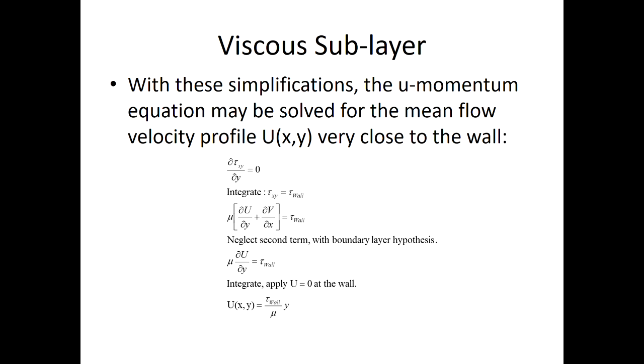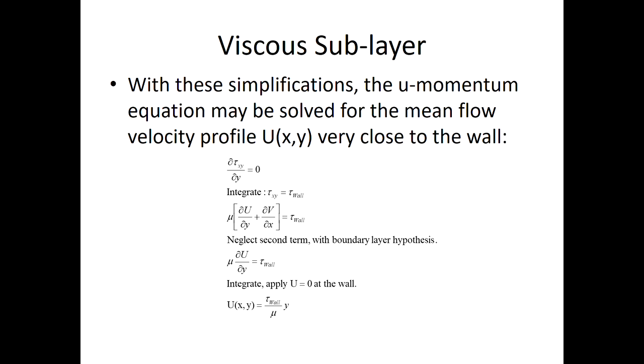So what we find is that tau xy is a constant in the viscous sublayer. If you have somehow a way of measuring the gradient at the wall and computing tau wall, that constant is nothing more than the tau at the wall. Now we know from Stokes relations that tau xy is mu times (du/dy plus dv/dx).